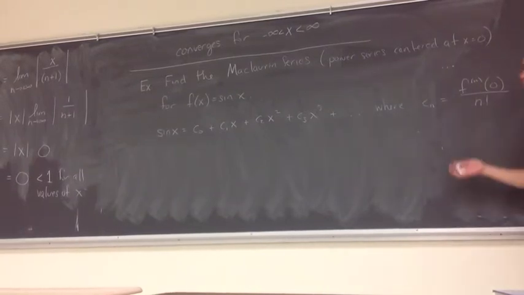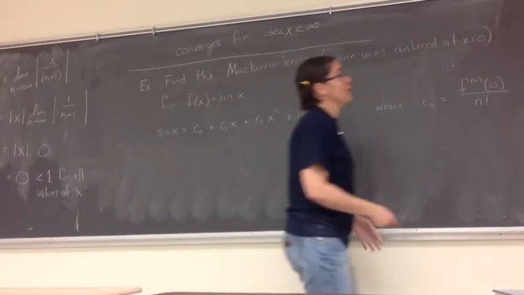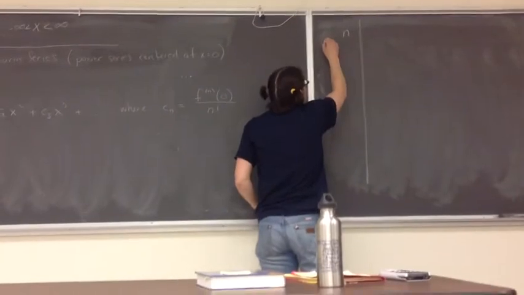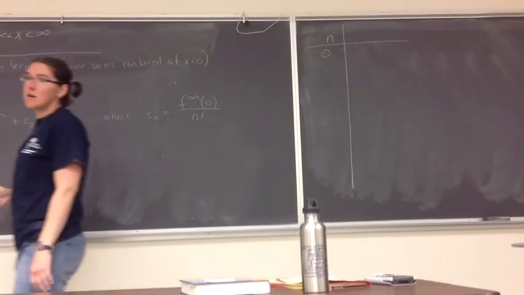Okay, so we need to figure out all these c values, so I'm going to create another one of these tables. So my table, the first column will have the n values. And for this example, I'd like to look at n values starting at 0 and going all the way up to 8.